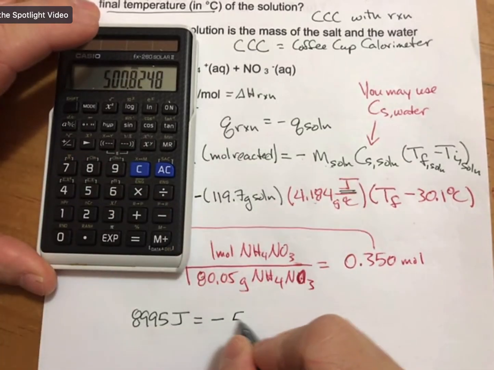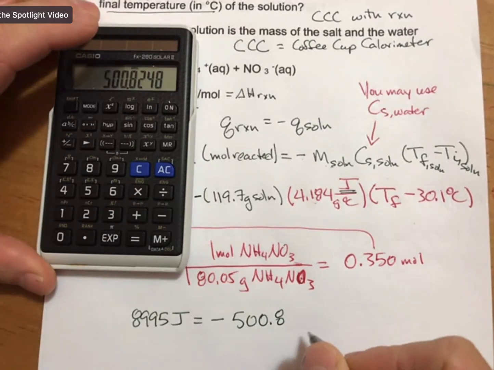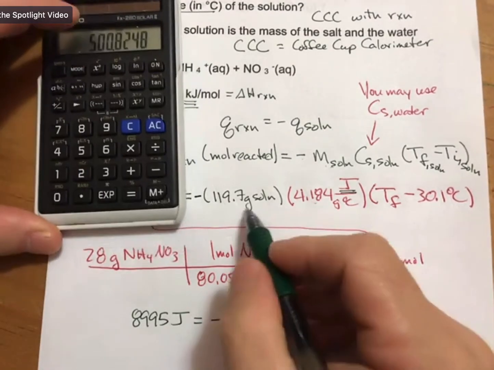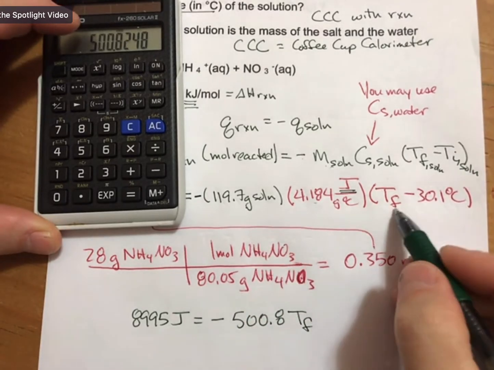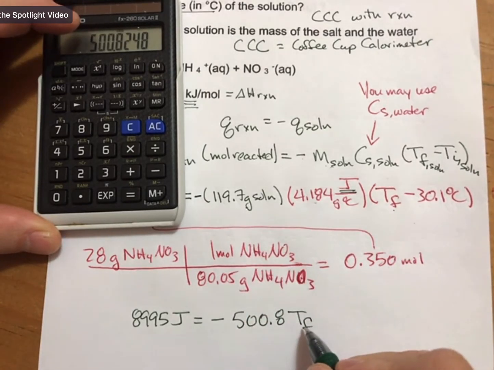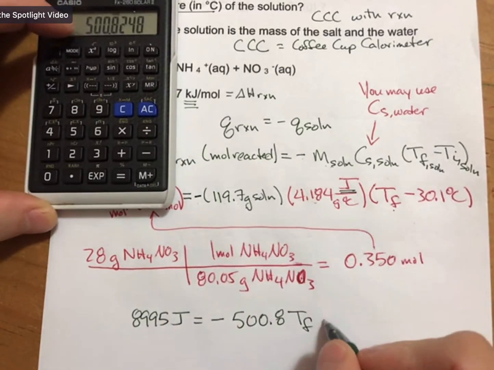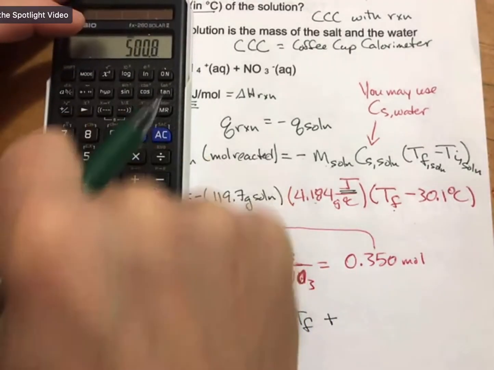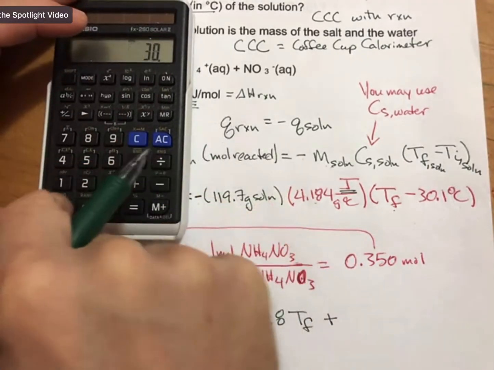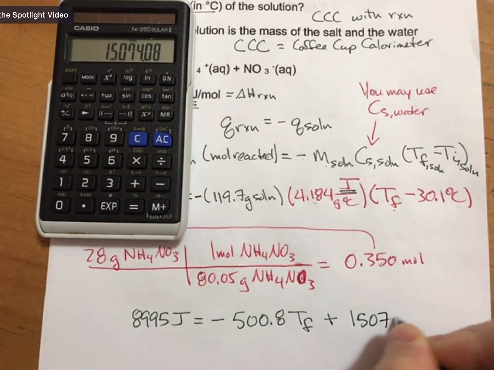I get 500.8 for these two multiplied together. Distribute that in this term over here, I get times T sub F. I get a double negative, so my next term will be positive. 500.8 times 30.1 is 15,074.